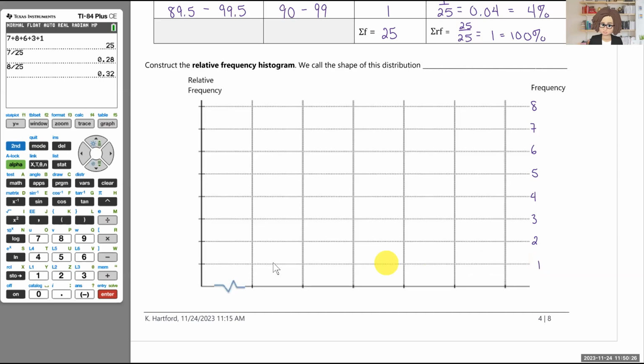So instead of labeling it 1 as a relative frequency, and I'm going to do it in decimal here, 0.04. And that means that rather than going up by 1, we'll go up by relative frequency 0.04. So I'm just adding 0.04 to make my way up here and filling in my relative frequencies. If I could add correctly there, I messed that one up, 0.28, 0.32.